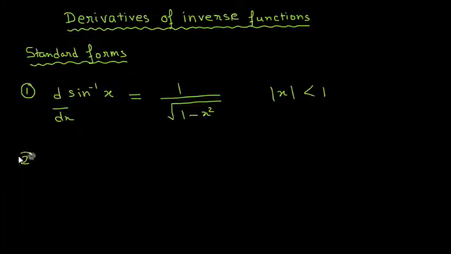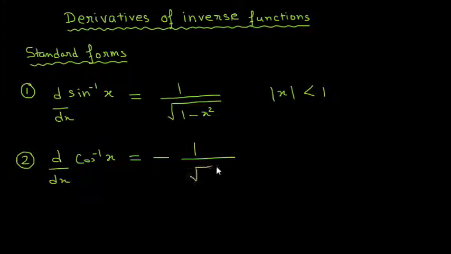Second, d upon dx cos inverse x is equal to minus 1 upon under root 1 minus x², where modulus of x is less than 1.